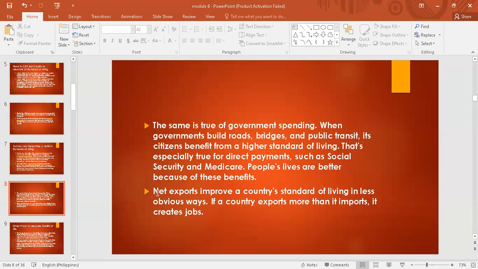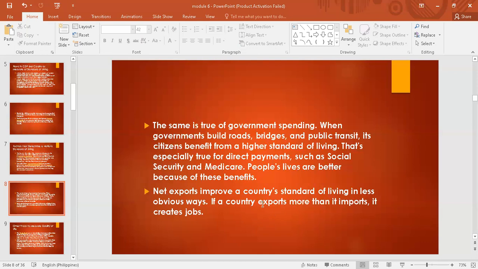Itong net exports po, dito, export minus imports. Okay. What it should be, parang ganon. Dapat for a country to improve its standard of living, okay, kailangan mas marami tayong export than imports.